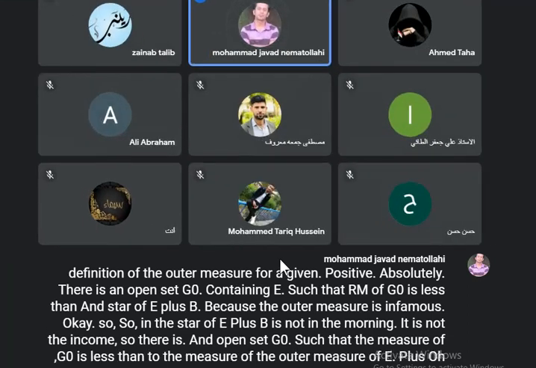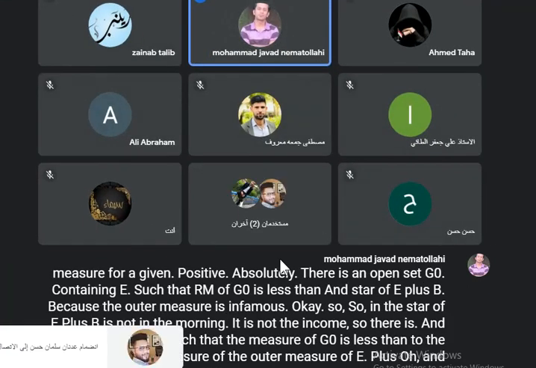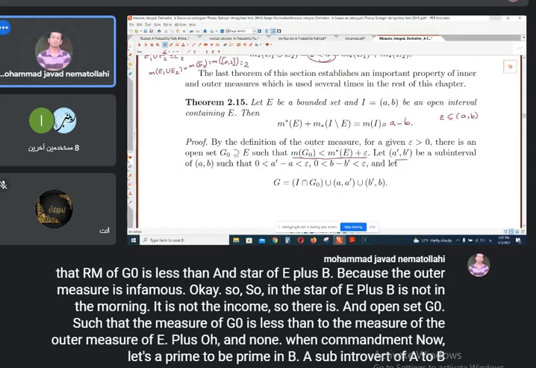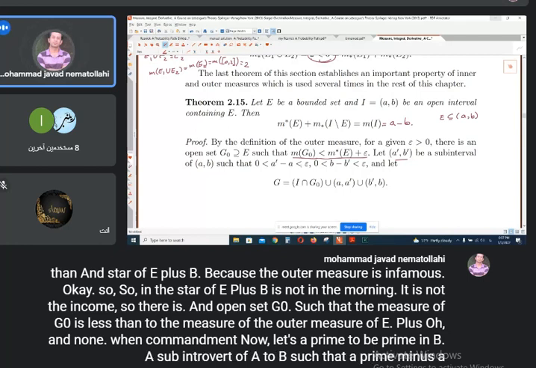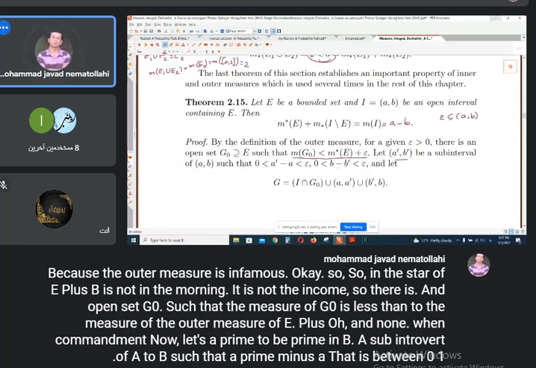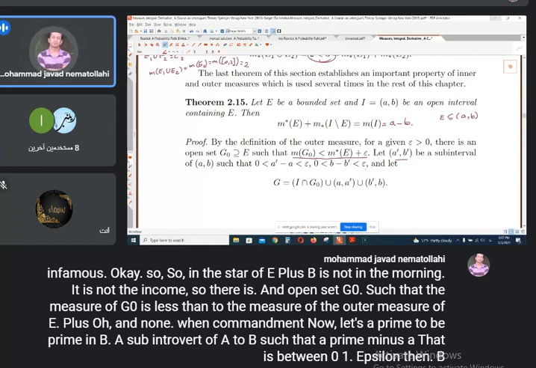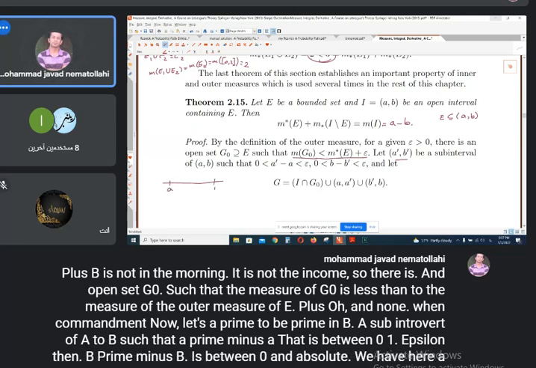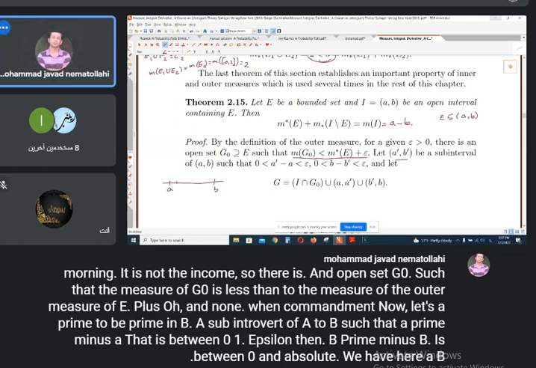Someone else? Adnan? Welcome, Adnan. There will be a subinterval of A to B such that A prime minus A is between 0 and epsilon, and B prime minus B is between 0 and epsilon. We have here A, B, A prime, B prime.